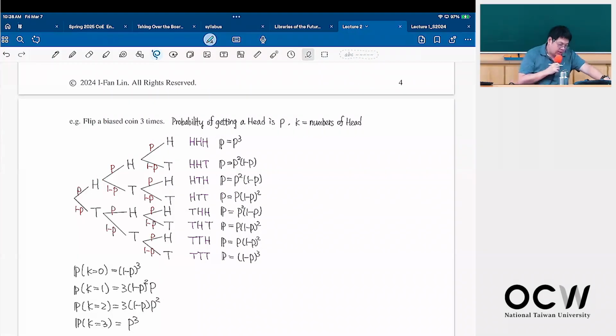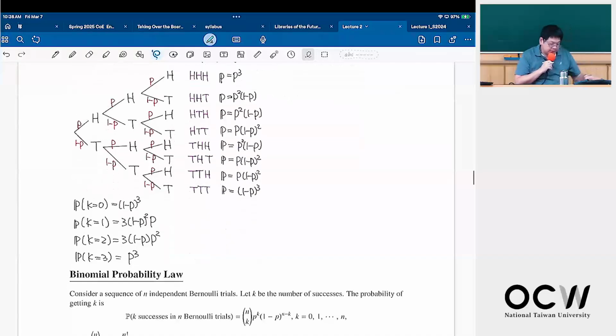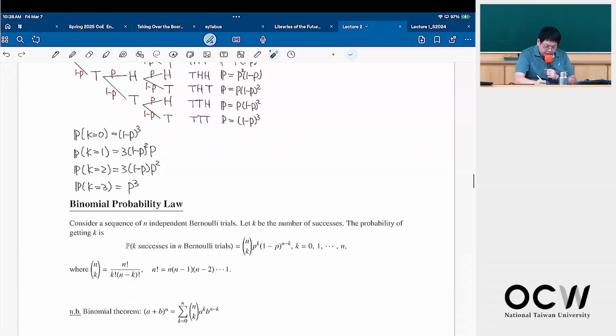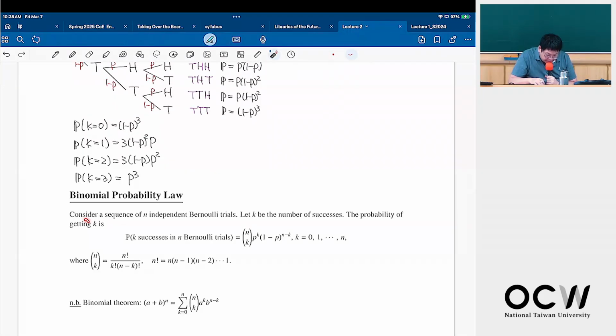Okay, the next will be binomial probability law. And what is binomial probability law? I consider a sequence of n independent Bernoulli trials. So for the Bernoulli trials, I flip the coin n times, or I turn on the light n times, or I send 0 or 1 to the channel n times.